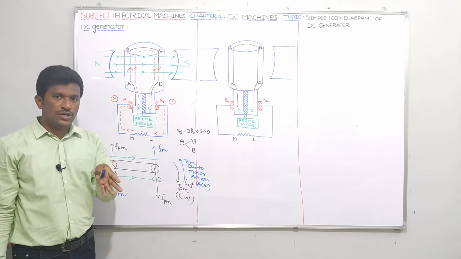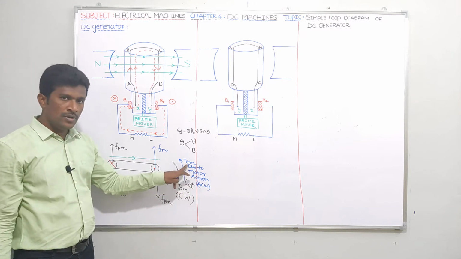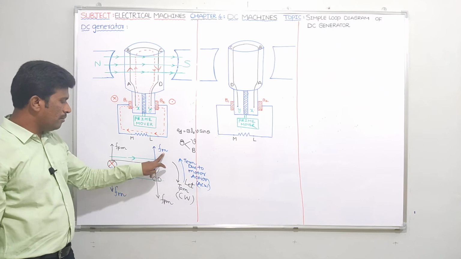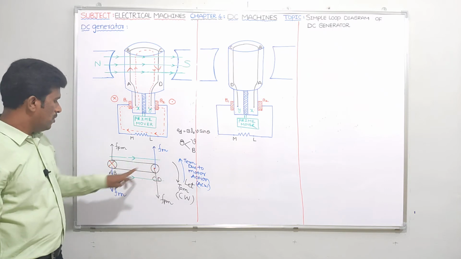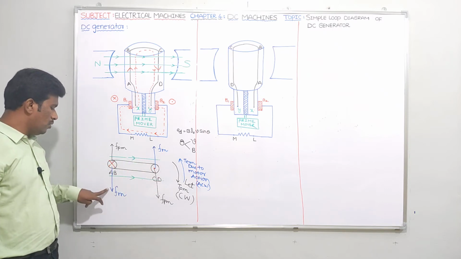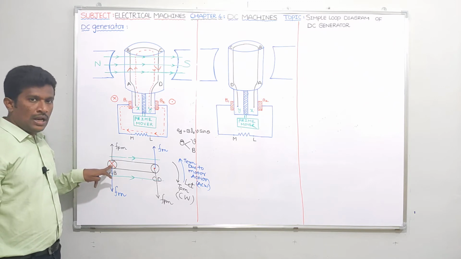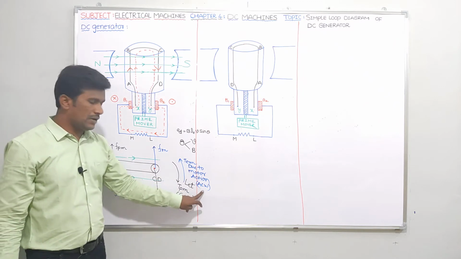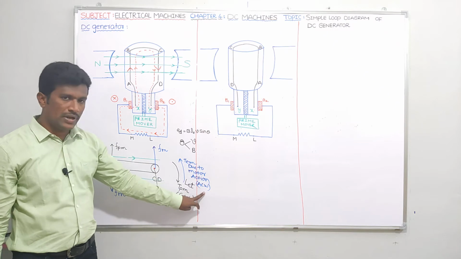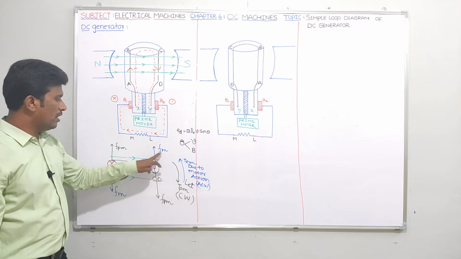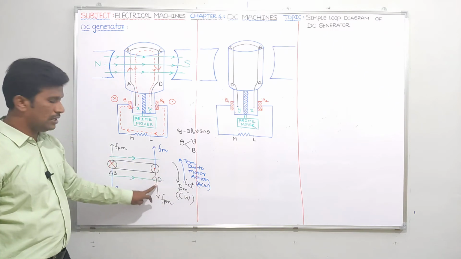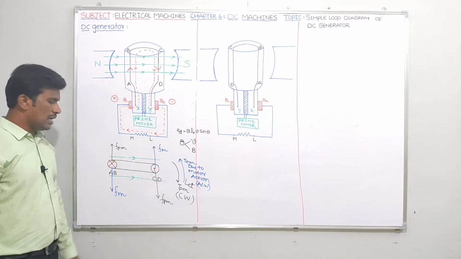Therefore, the correct direction of TEM for having FM upwards at CD and FM downwards at the AB conductor is nothing but anti-clockwise. This electromagnetic torque should be in the anti-clockwise direction. Then only we will get FM upwards at the CD conductor and FM downwards at the AB conductor.